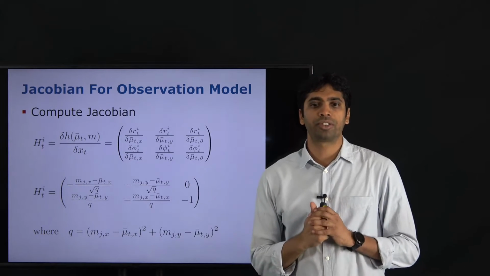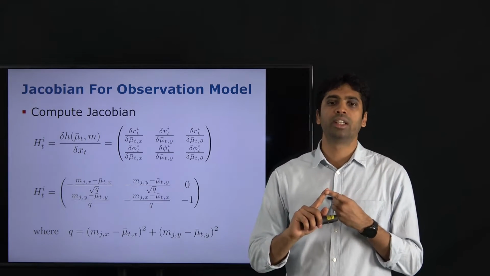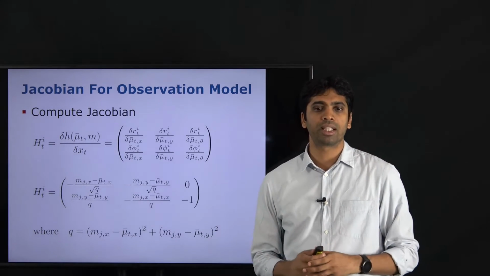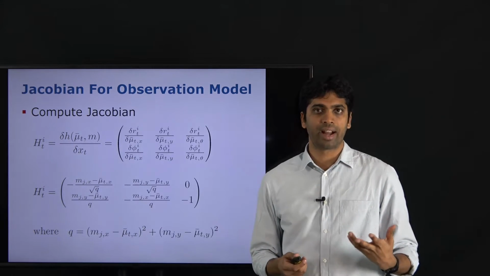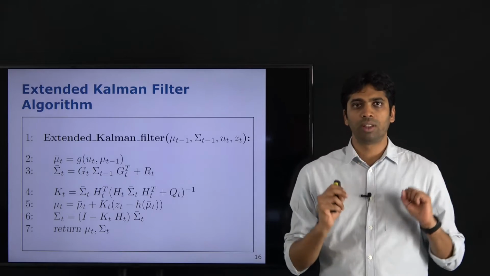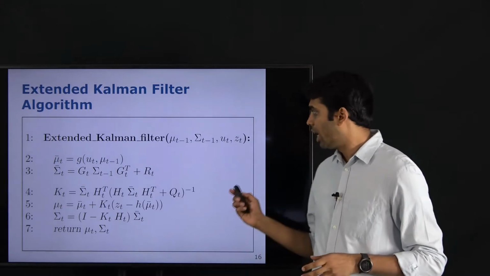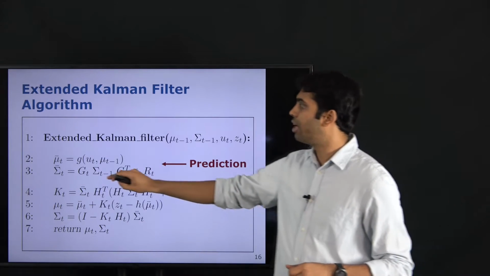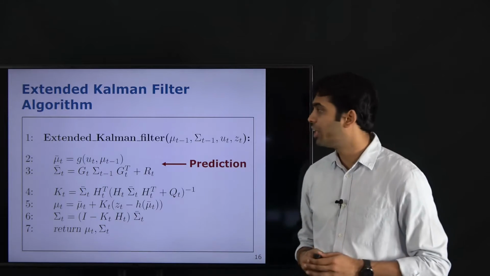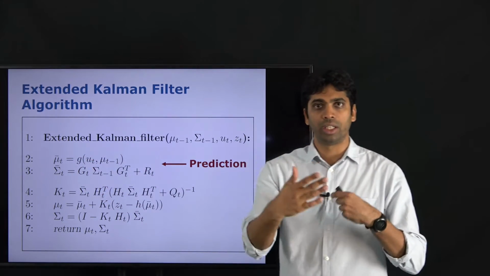Okay, so now what we have seen is the nonlinear observation model, which encodes the range and bearing measurements, and we have seen how to linearize this particular model. Now we will replace all these formulas in our standard extended Kalman filter. As we saw before, we had the prediction step where we do the mean propagation and the covariance propagation based on your nonlinear model as well as the Jacobian of that nonlinear motion model.